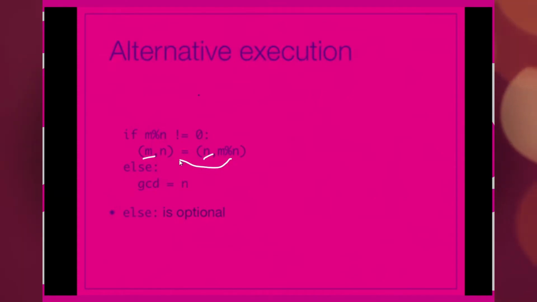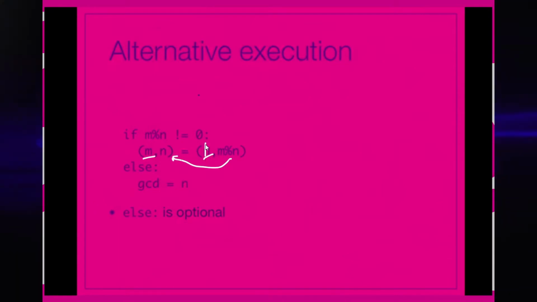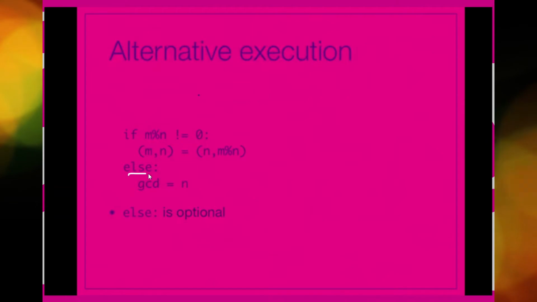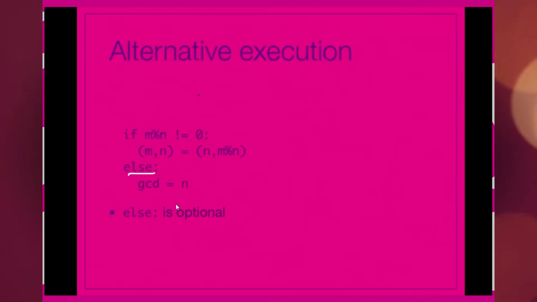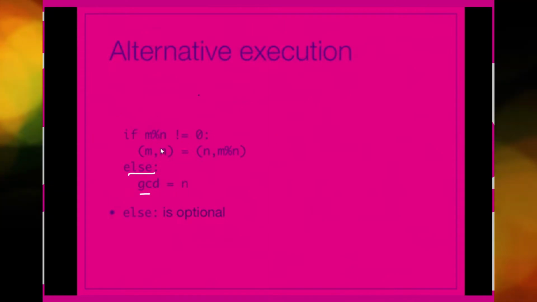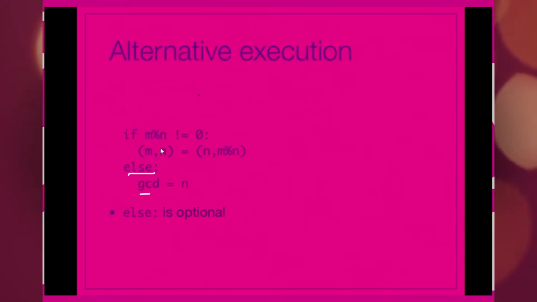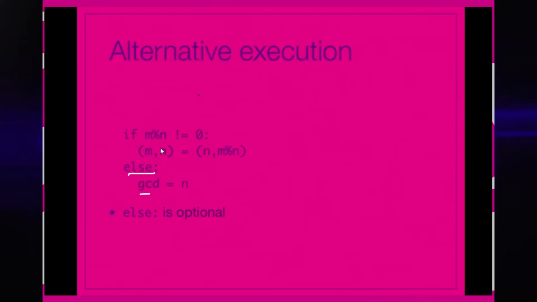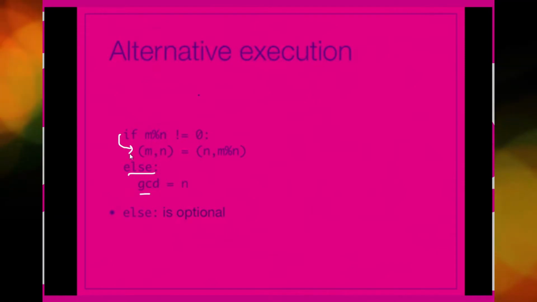So the value of n is going into m, and the remainder is going into n. Now here comes else. In else, I'm simply putting n in the GCD variable. So if the value of m divided by n is not equal to 0, that is, if the remainder of m divided by n is not 0, then we'll go to the if statement condition and follow this logic.